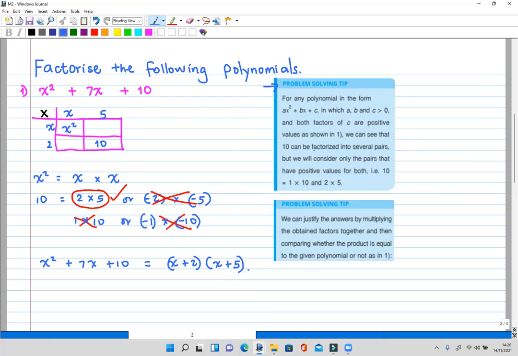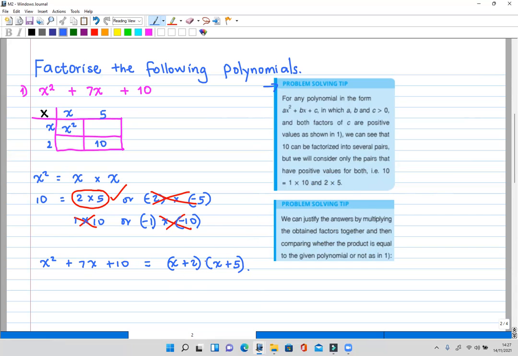We can see that 10 can be factorized into several pairs, but we only consider the pairs that have positive values for both. But then we also need to take the one whose sum will result into this b, in other words, 7. And also, we can justify the answers by multiplying the obtained factors together and then compare whether the product is equal to the given polynomial or not.